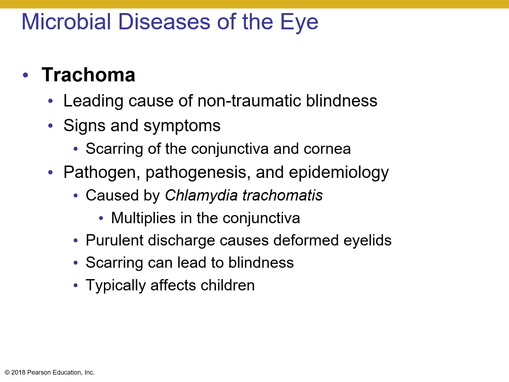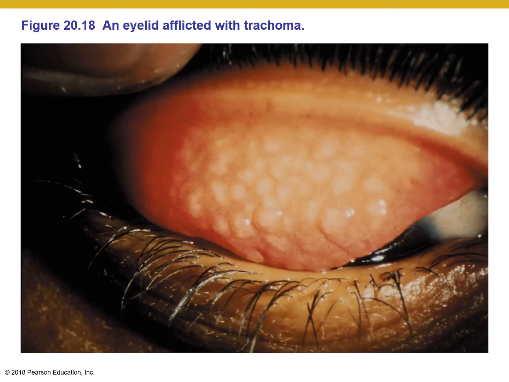But what you're going to see in the United States is blindness caused by trachoma, Chlamydia trachomatis. And it multiplies in the conjunctiva. It causes this pussy discharge in the eyes, and we see it. It can scar up the cornea, and the scarring can lead to blindness.